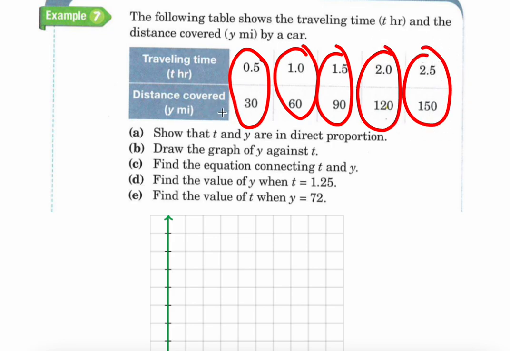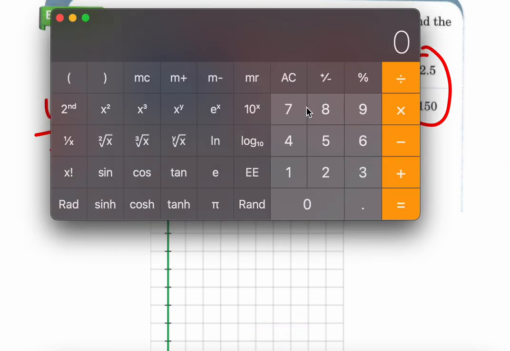First I have y divided by x, or t in this case. The first one, 30 divided by 0.5. The second one would be 60 divided by 1, and so on.